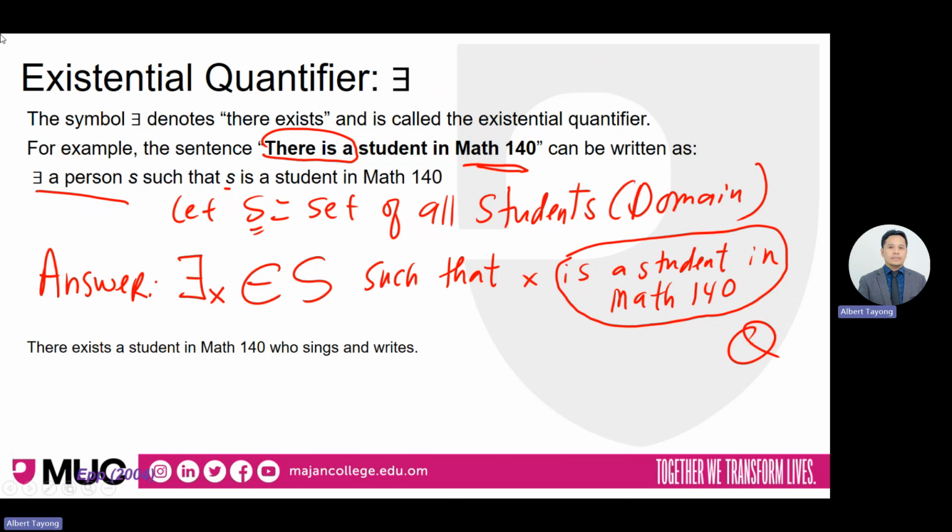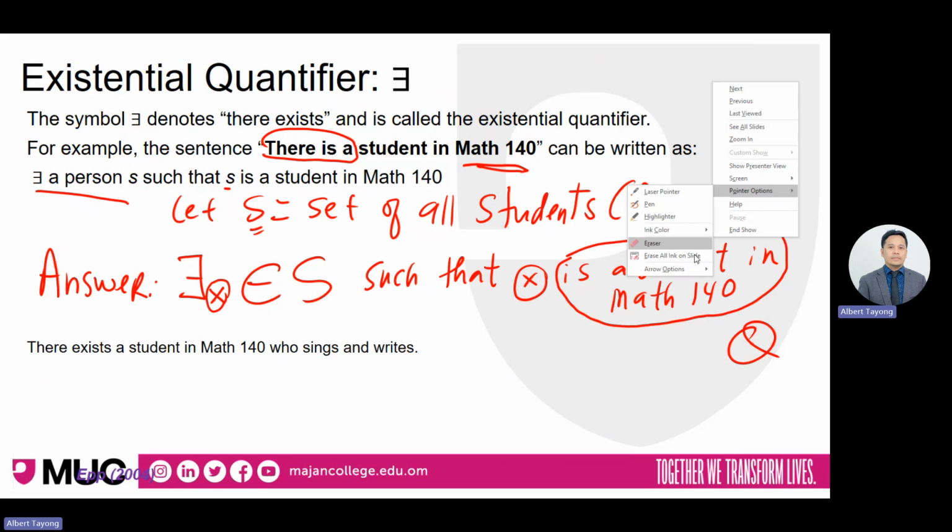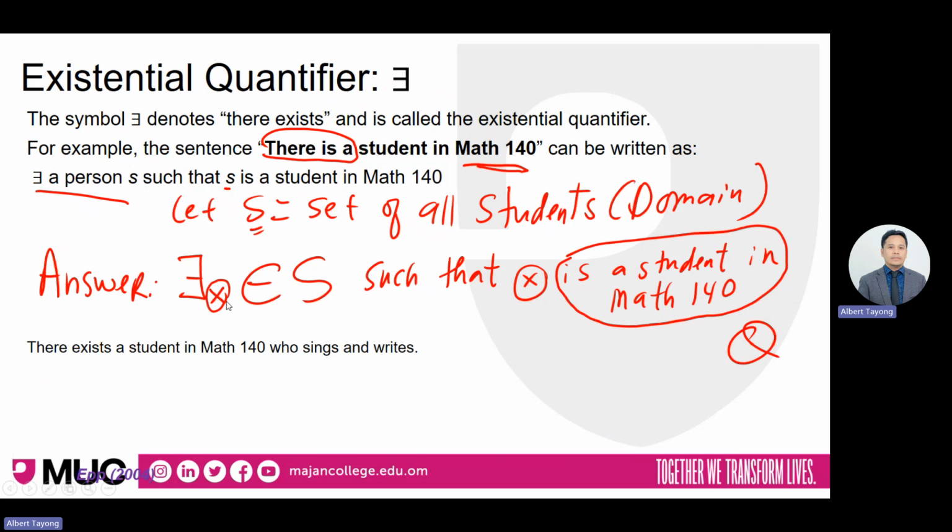Now, in other examples, instead of X, as I said, you can use any variable. So in some books, actually, the answer of this will be like this. So please remember this. Here we use X. We can use other variables actually.